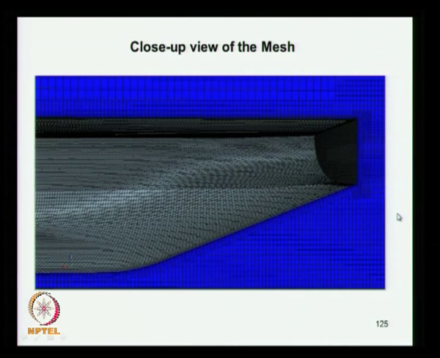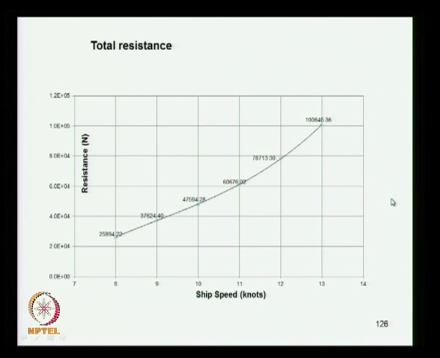This is a closer view of the meshing. You can see the mesh around that, and this is the total resistance obtained based on the CFD studies. This has been checked with the Goldhammer-Howald method, which comes very close, within a deviation of 5 to 10%.